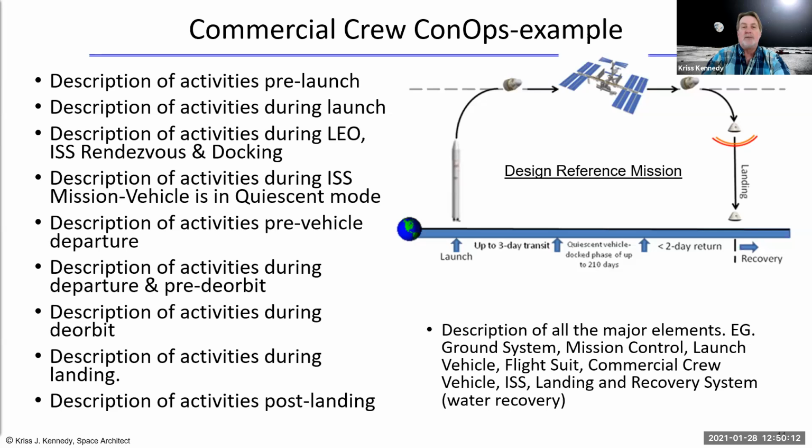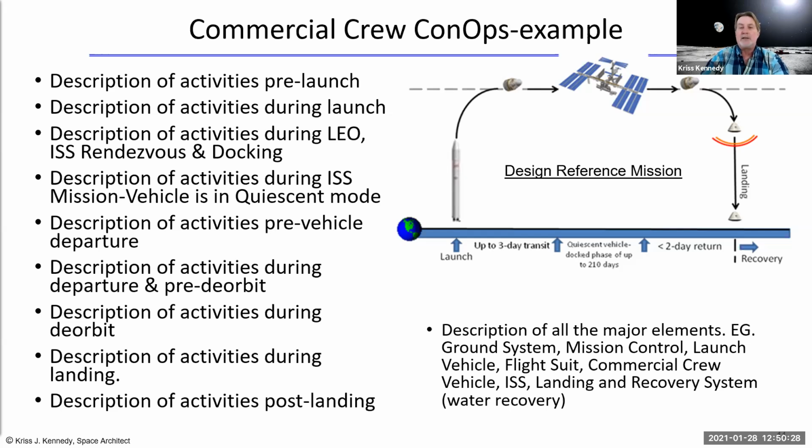It's a description of activities pre-vehicle departure, a description of activities during departure and pre-orbit, a description of activities during deorbit, a description of those activities during landing, and then a description of activities post-landing.